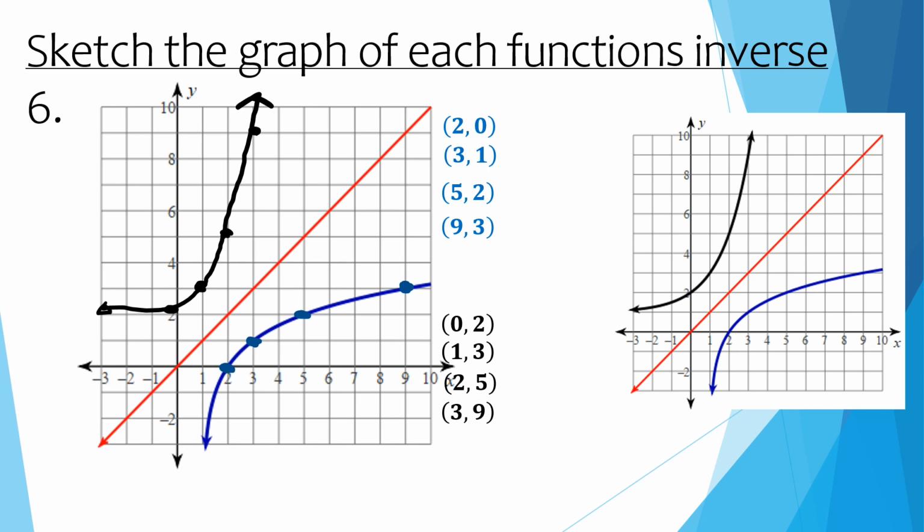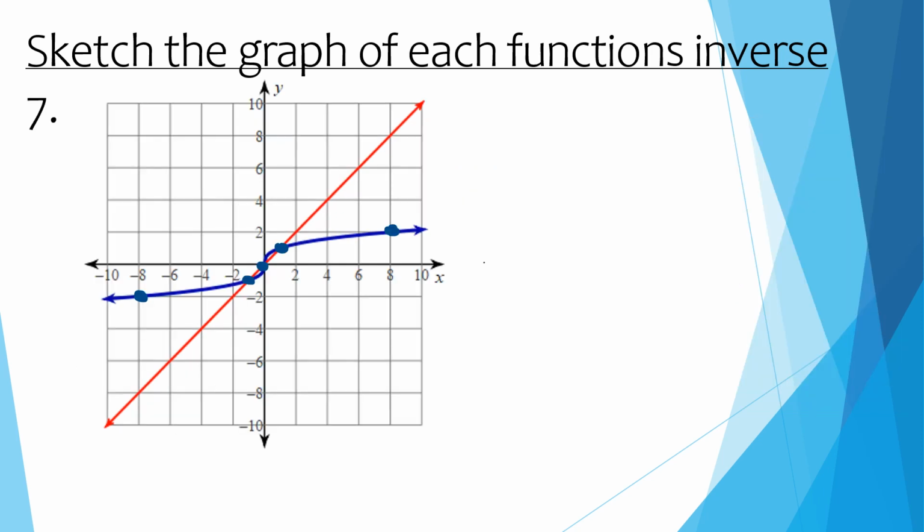So example 7 is up next. All right, graphed in example 7 is actually a cube root function. This is the cube root of x. And I've plotted the points. So we have our first point going from left to right is negative 8, negative 2, negative 1, negative 1, 0, 0, 1, 1, and then positive 8, positive 2.